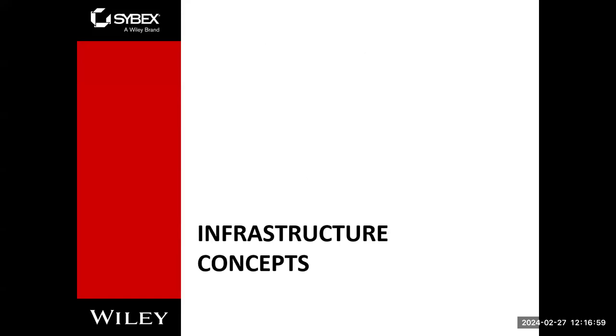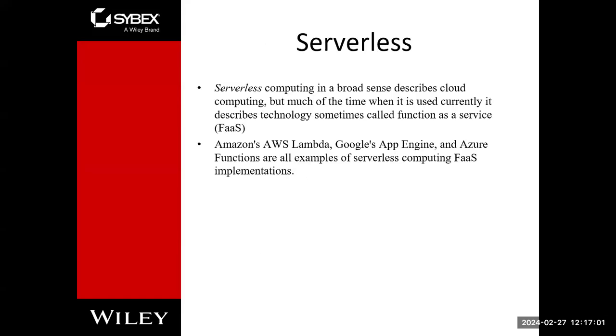All right, let's get into infrastructure concepts. Serverless. So serverless is a concept of being able to run infrastructure as code in a cloud environment. Most of this you would find in AWS, Google, Azure, etc. AWS Lambda is a great example of this, but there are other types such as Google's App Engine and Azure Functions.